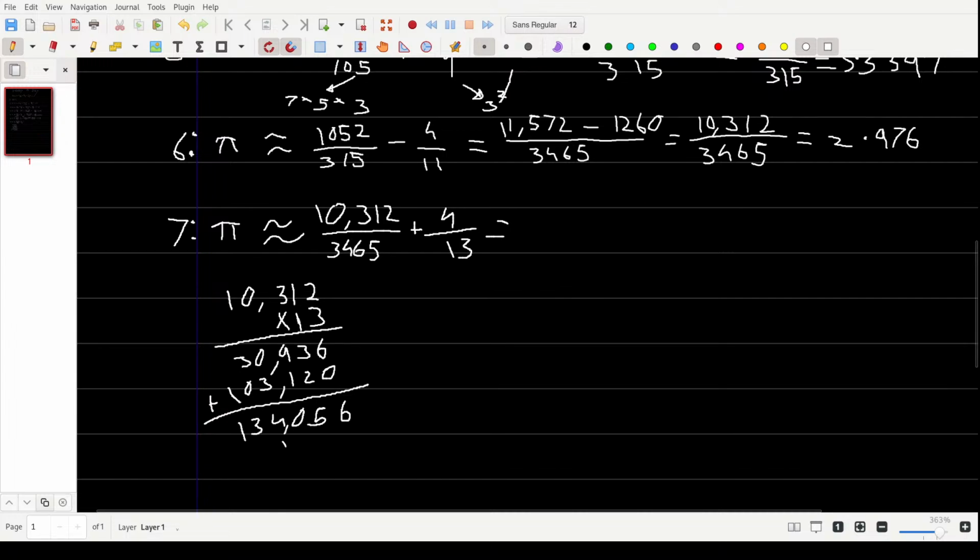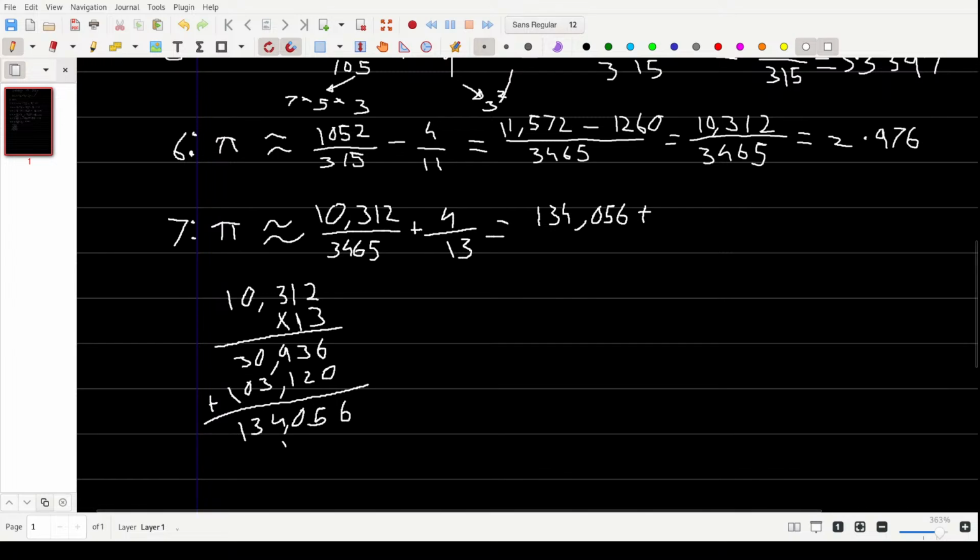I am learning the things that I have forgotten. That's 1, 3, 4, 0, 5. Plus 4 times this is easy. That's 12,000. Then this times 4, so that's going to be 12, that's going to be 16.